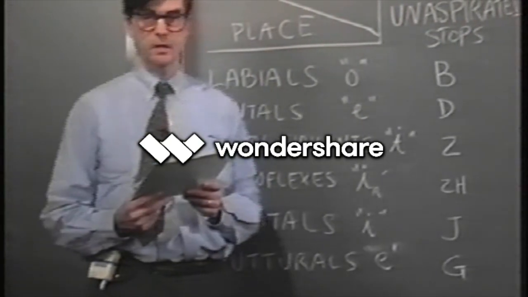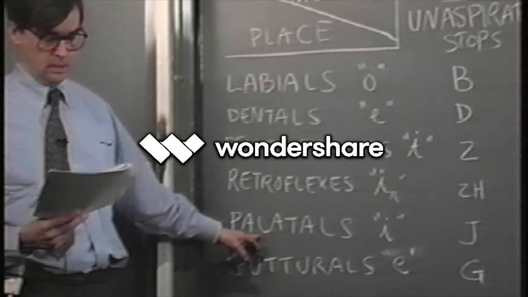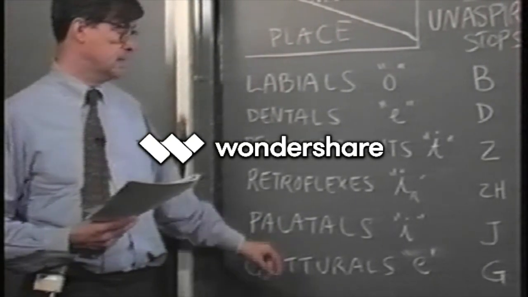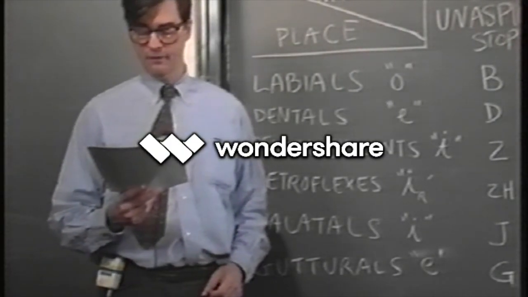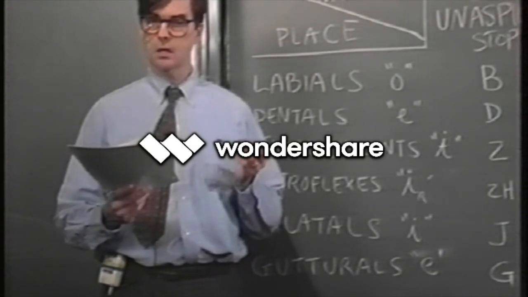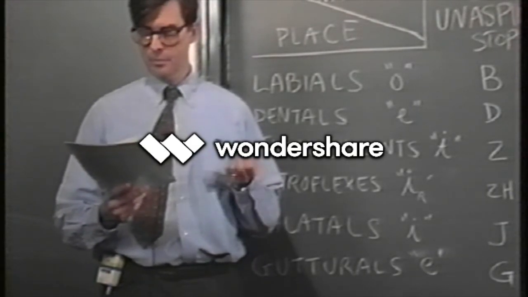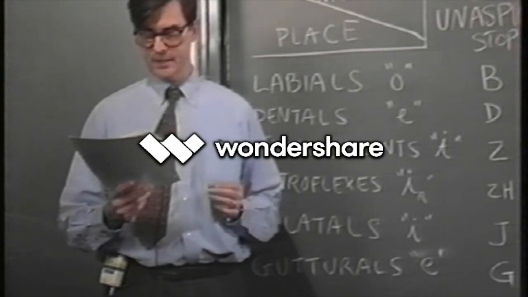The 5th row is called palatals. The palate is the roof of the mouth. Initials in this row are formed by raising the middle section of the tongue's upper surface to approach or contact the palate, and the tip of the tongue is relaxed.